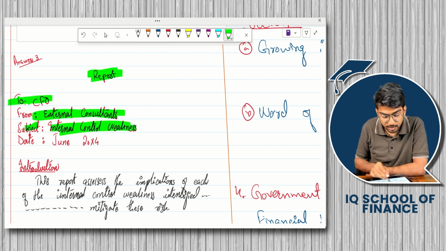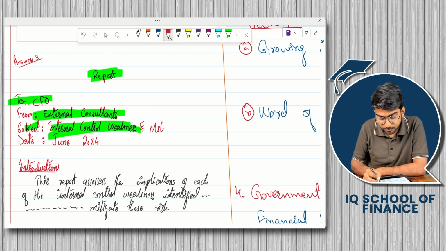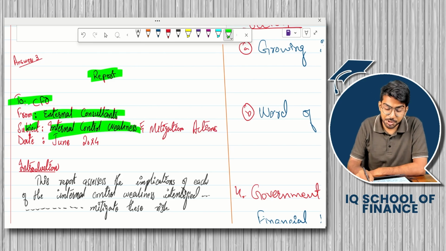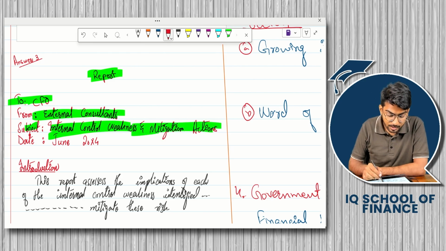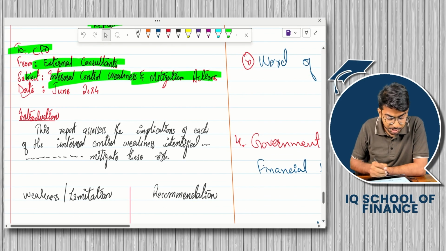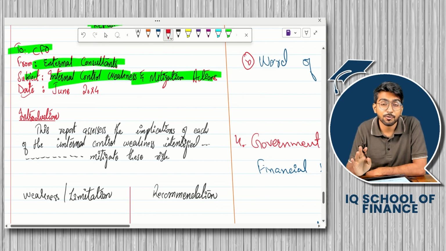The subject is internal control weakness and mitigation. Then the mitigation action as well, the date, and moving forward the introduction, and we are now pro in how we are going to write it.